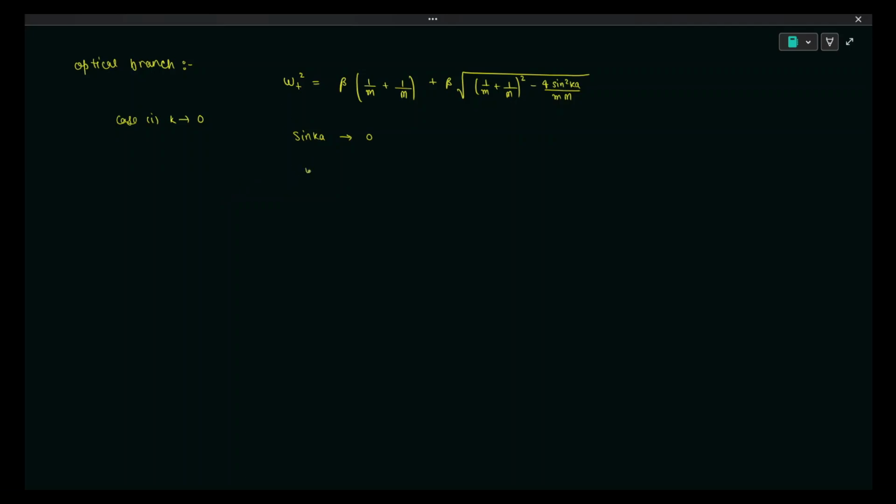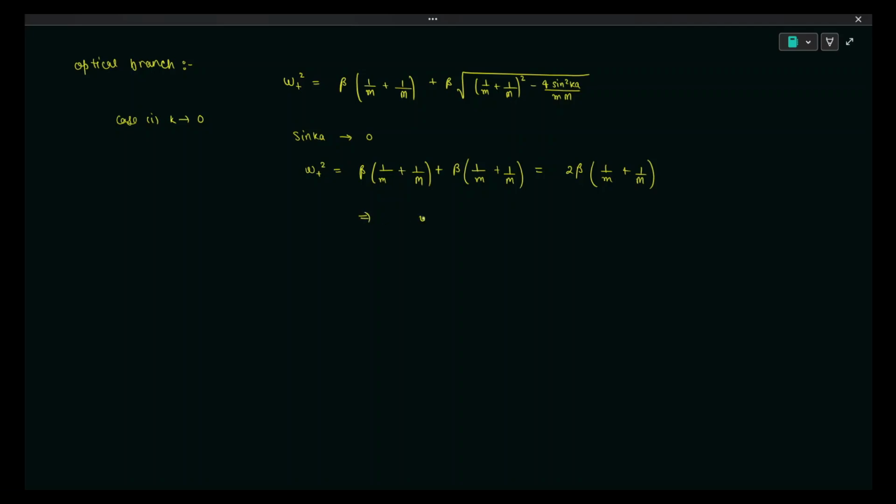Then omega plus square becomes beta times (1 divided by small m plus 1 divided by capital M), and the second term is 0, so only this term remains. That will be beta times (1 divided by small m plus 1 divided by capital M), which equals twice beta times (1 divided by small m plus 1 divided by capital M).